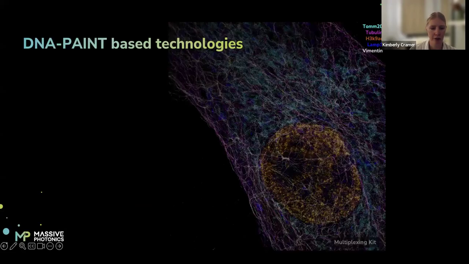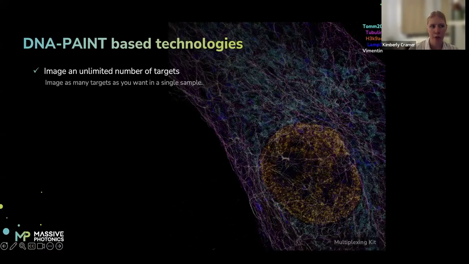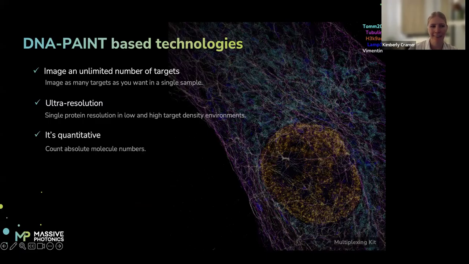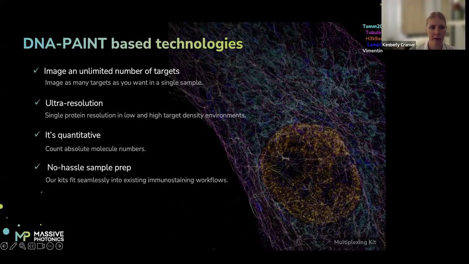Okay, so I will end this section about DNA paint in general with the advantages of DNA paint-based technologies. You can image an unlimited number of targets with single protein resolution in high and low density environments. Additionally, it's a quantitative method that enables you to count molecule numbers if you would like. The sample prep is no hassle.